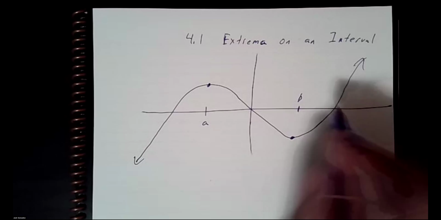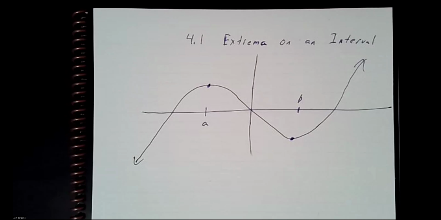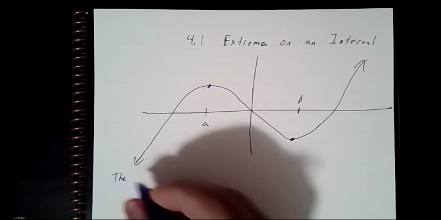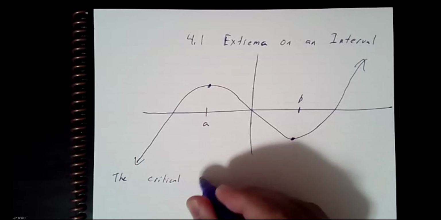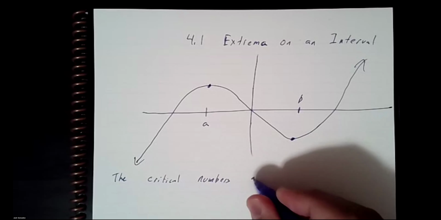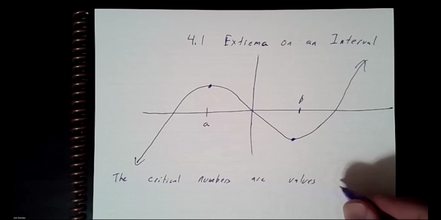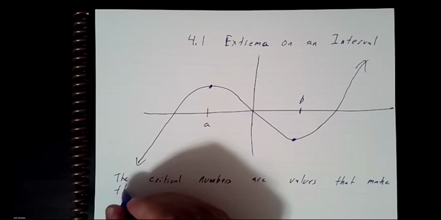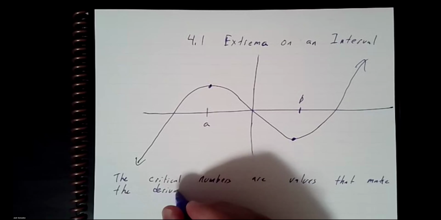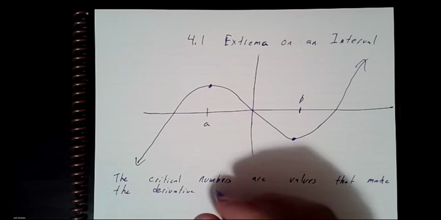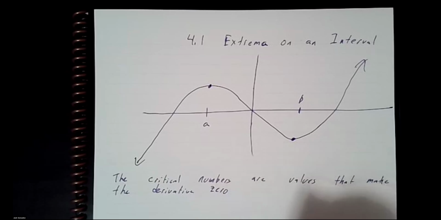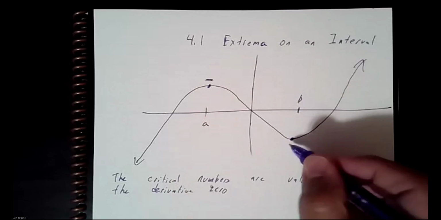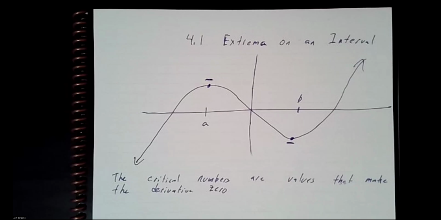These happen at peaks and valleys, right? So the critical numbers are values that make the derivative zero. And do you remember what kind of slopes are at these locations of the tangent line?